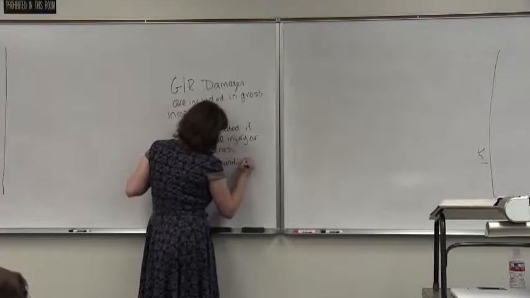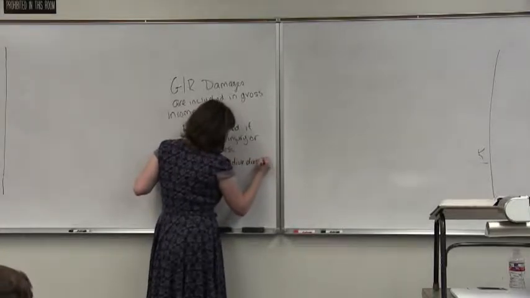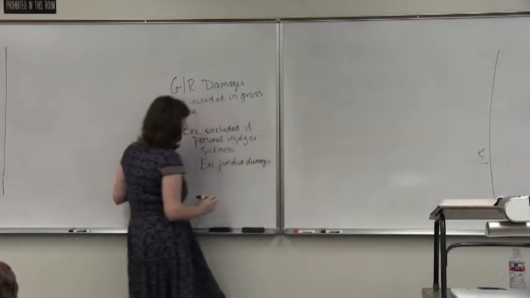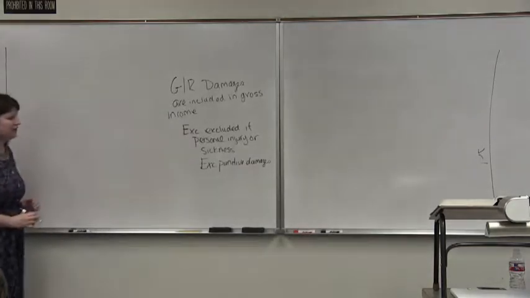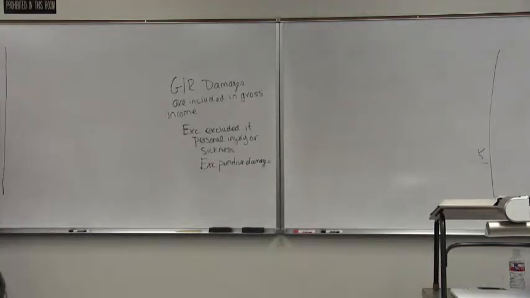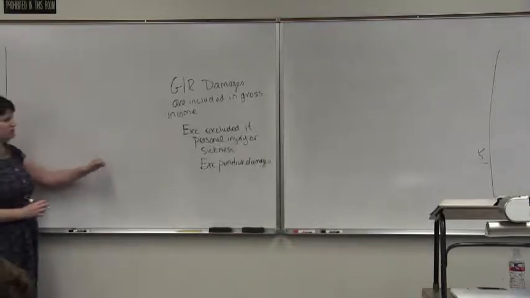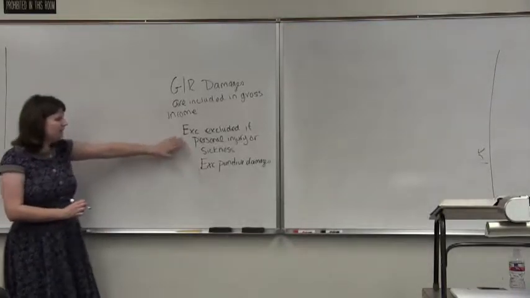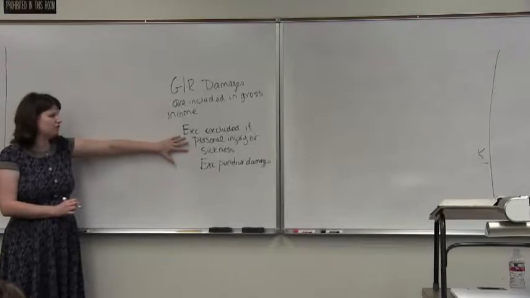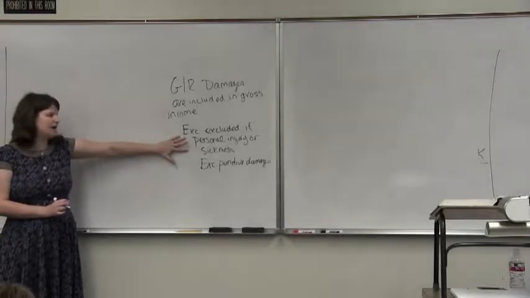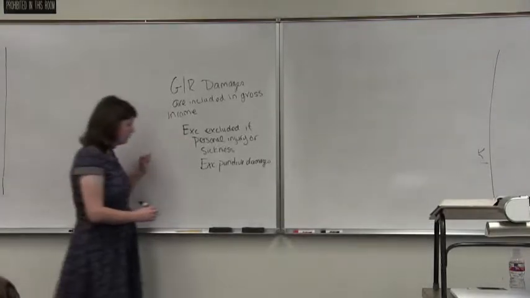Punitive damages. Punitive damages are damages made to punish the person who caused the injury. If punitive damages are received, even if they are received pursuant to a personal injury claim, they are included in income.